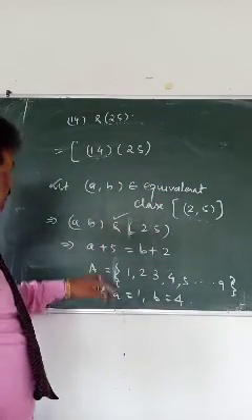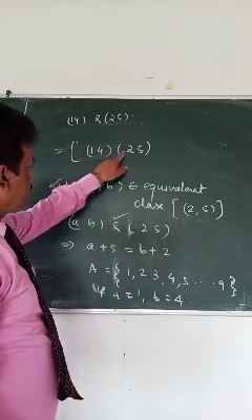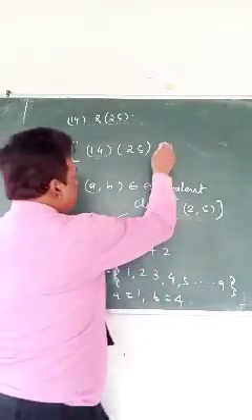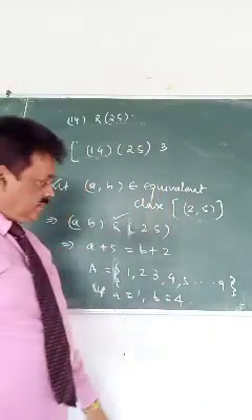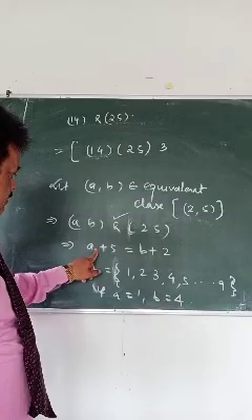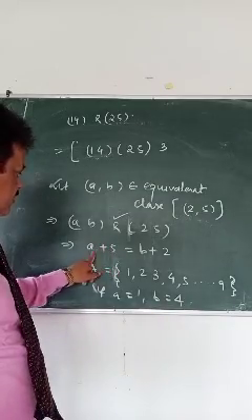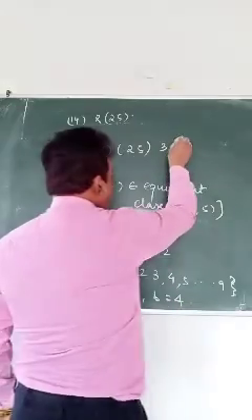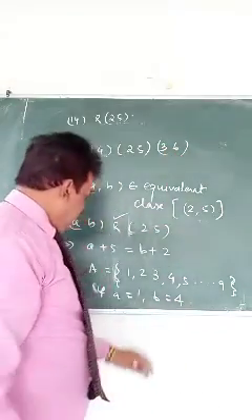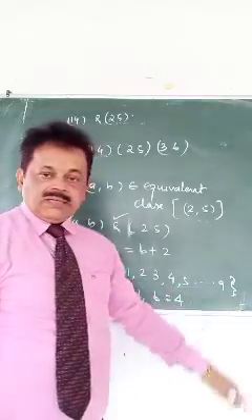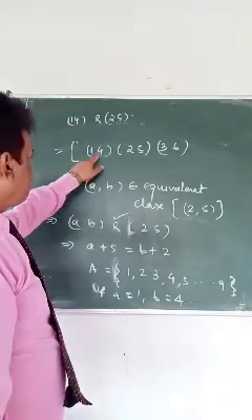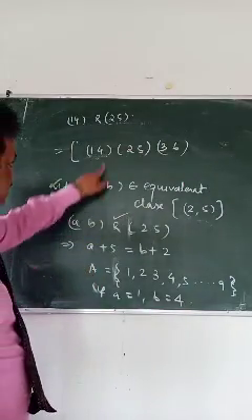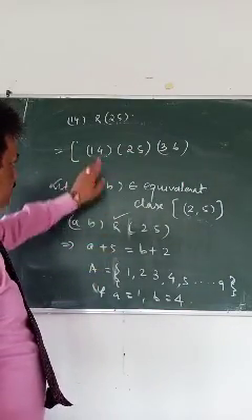Similarly, 1, 4 gone, 2, 5. That means 1, 2, 4, 5 gone. Suppose I put 3. 3 if I put here, 3 plus 5 is 8. Then 6 plus 2 has to be 8. That means 3, 6 will be other pair. Because you have to pick up elements from here. You cannot repeat it. That means 1, 4, 2, 5, 3, 6. Can you see now? 4 you cannot put because you have taken 5, you cannot put 6.